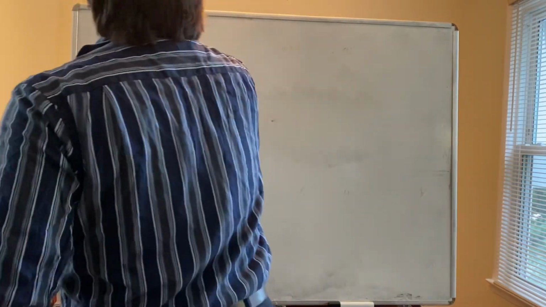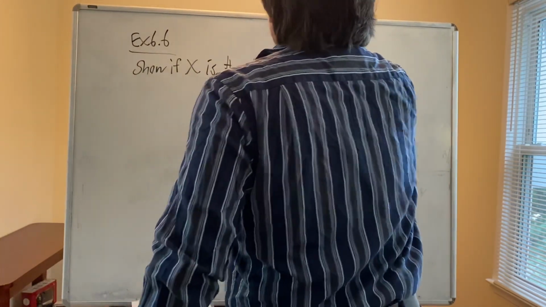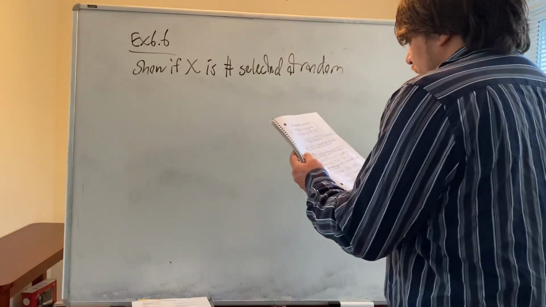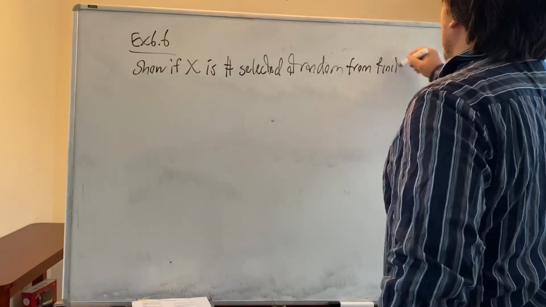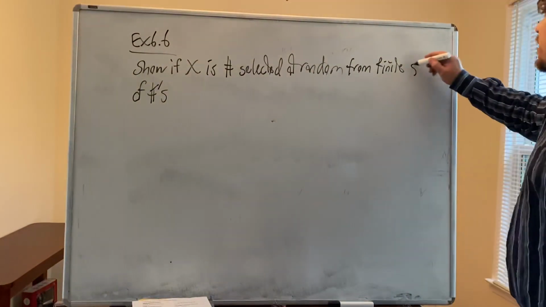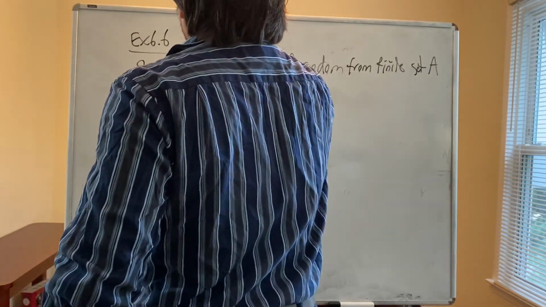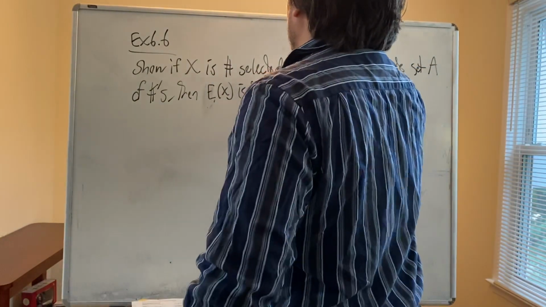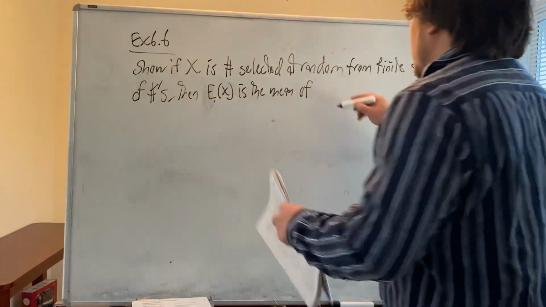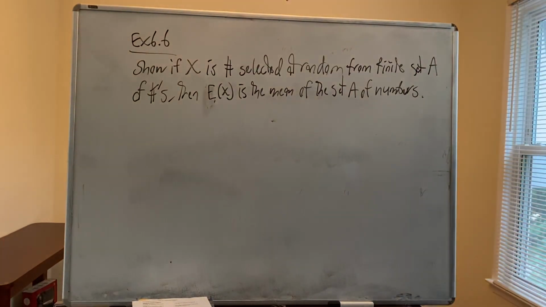Show that if capital X is a number selected at random from a finite set capital A of numbers, then capital E of x is the mean of the set capital A of numbers.